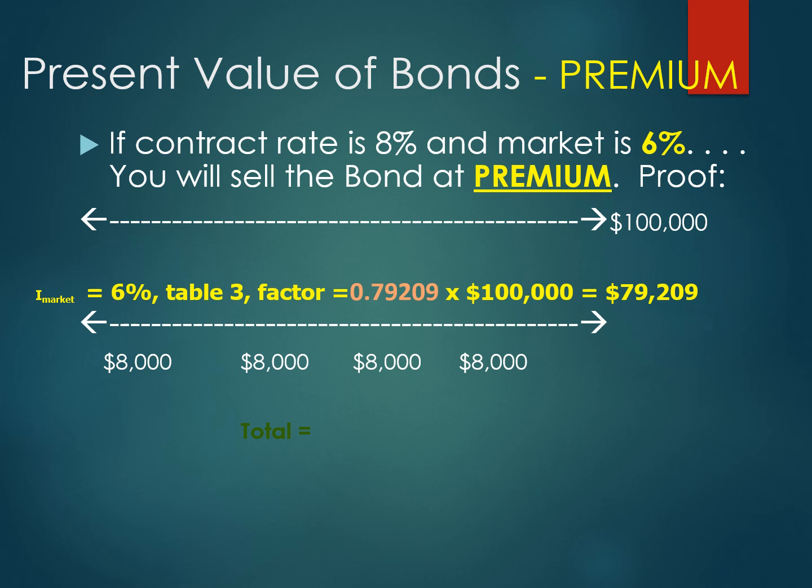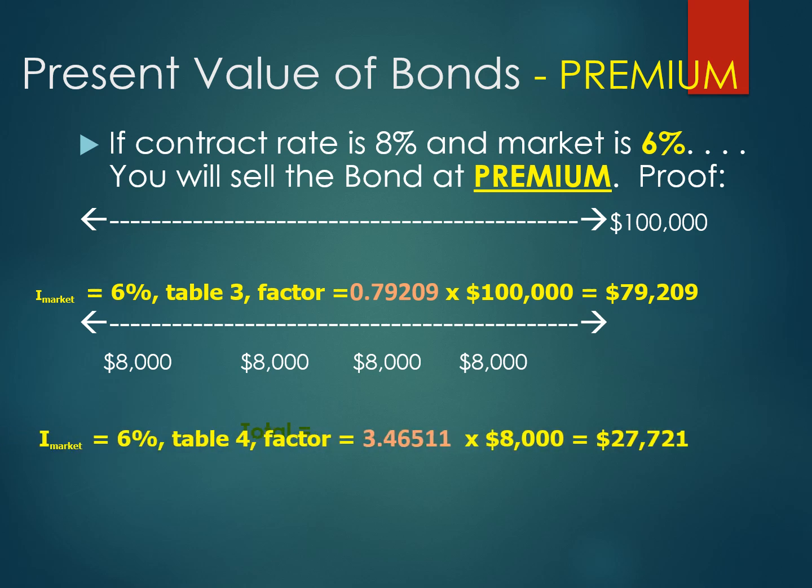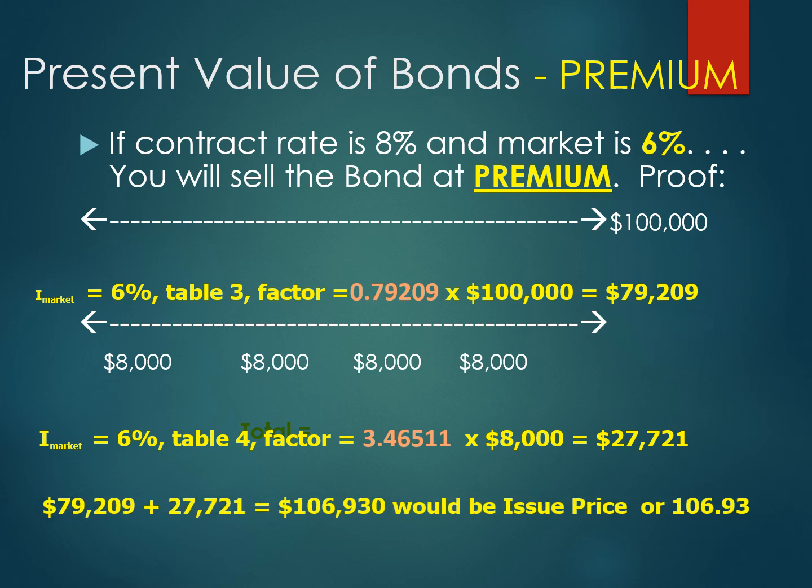We get 79,209 for the 100,000. We look at the factor for 6% on table 4, and we get 27,721. And now we have our premium selling price, 106,930. So our issue price is 106.93%, more than face value.